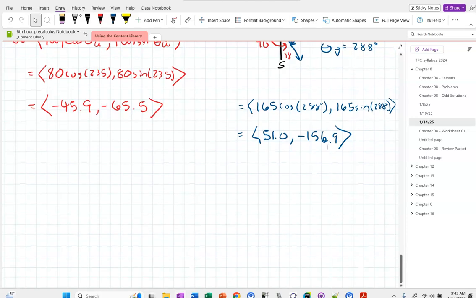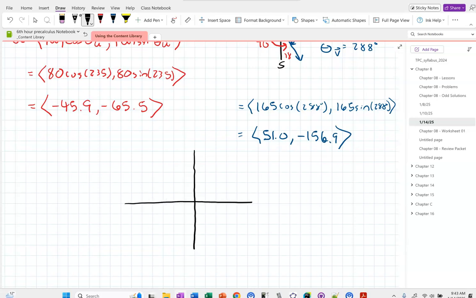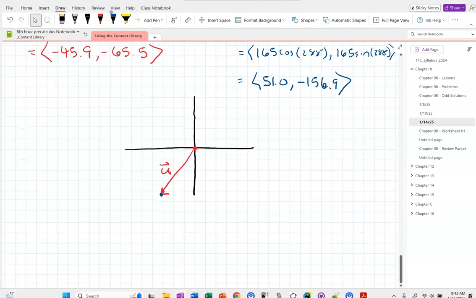Now that I've written these into component form, it's a little easier to see what's happening. So I'm going to draw myself a little picture. I start off at the port, and I go 45.9 to the left, and then 65.5 down. So that's u. And then from the end of u, I'm going to go 51 over and negative 156.9 down.